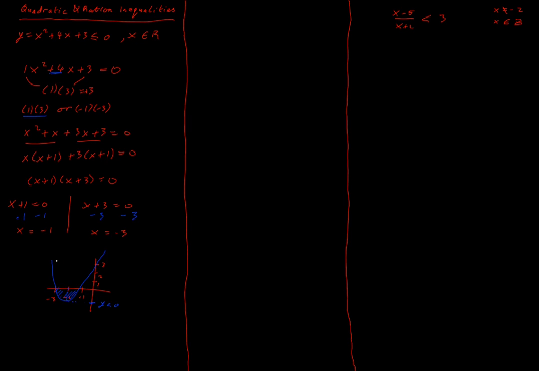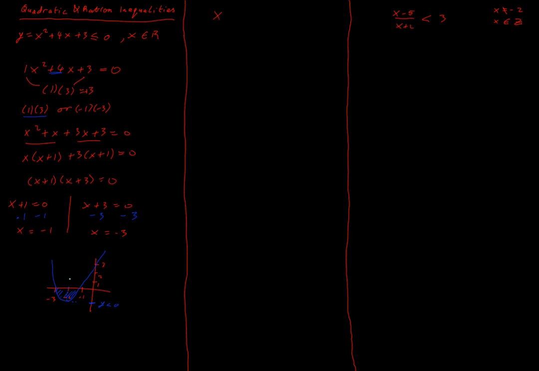So that's how I use my sketch. I'm going to draw a rough sketch using the roots and the fact that I know it's a positive or a negative quadratic, and that's going to tell me what type of situation I am dealing with. What range of x values am I looking for?